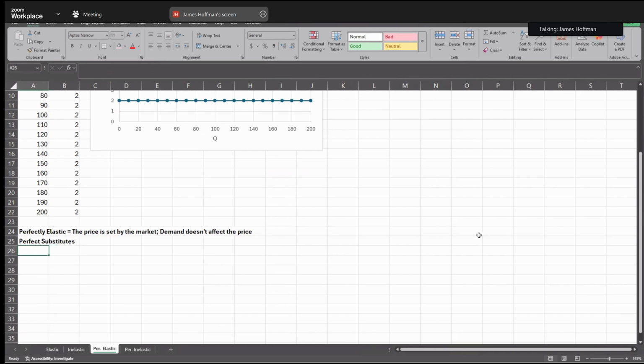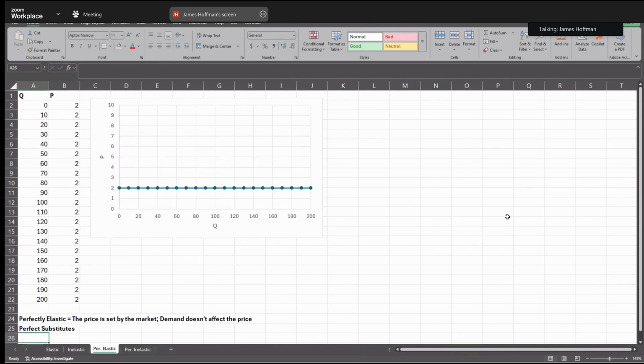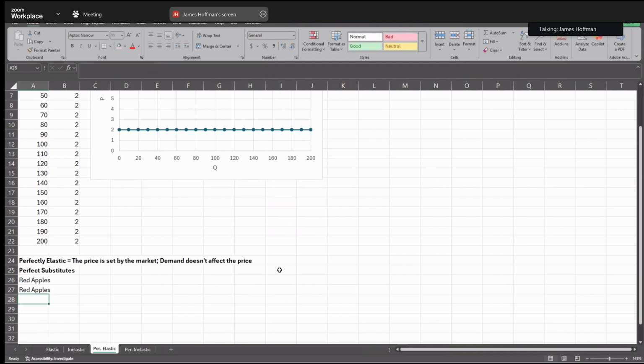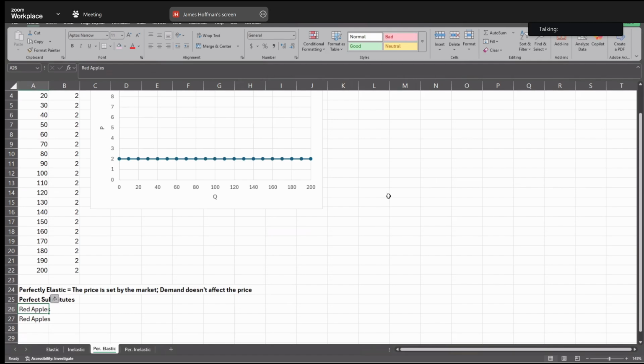the best example is going to a farmer's market. Let's say you go to a farmer's market and there's one vendor that sells red apples. There's another vendor that sells red apples. You know that the price that's been set by consumers in farmer's markets is $2.